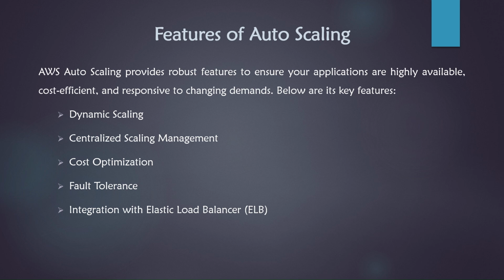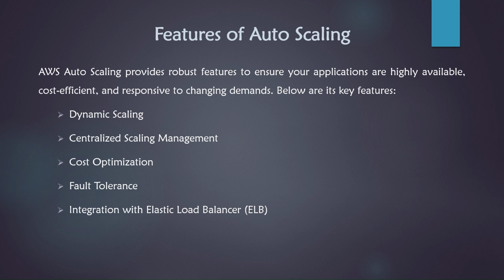The key features of auto scaling are dynamic scaling, centralized scaling management, cost optimization, fault tolerance, and integration with elastic load balancer. Dynamic scaling automatically adjusts the number of resources, for example EC2 instances, in real time based on demand. It supports different scaling policies like target tracking scaling and step scaling.